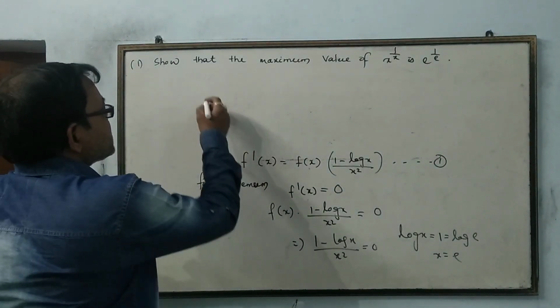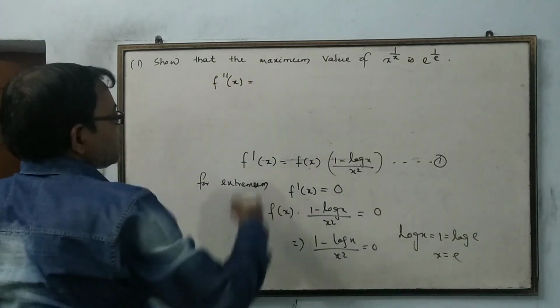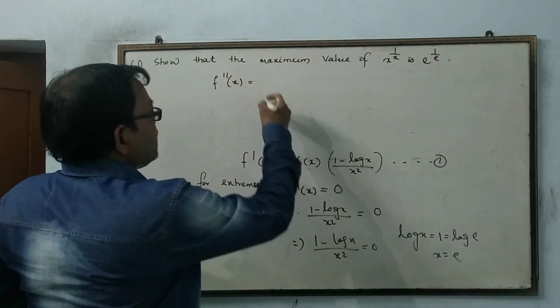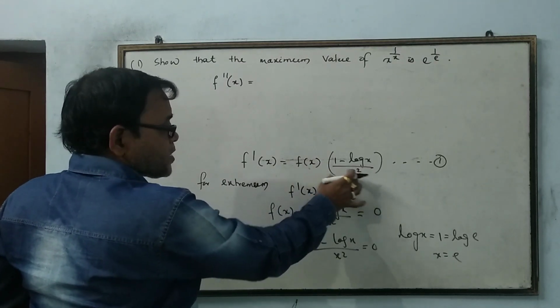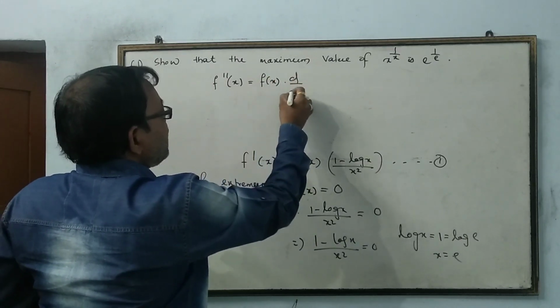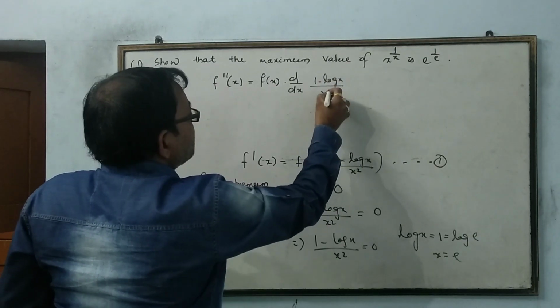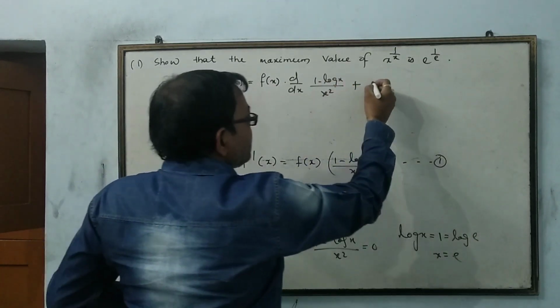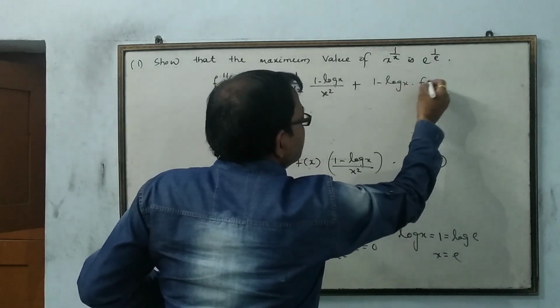The derivative of f dash x will be f double dash of x, which is u into v. Its derivative would be u into derivative of v plus v into derivative of u.